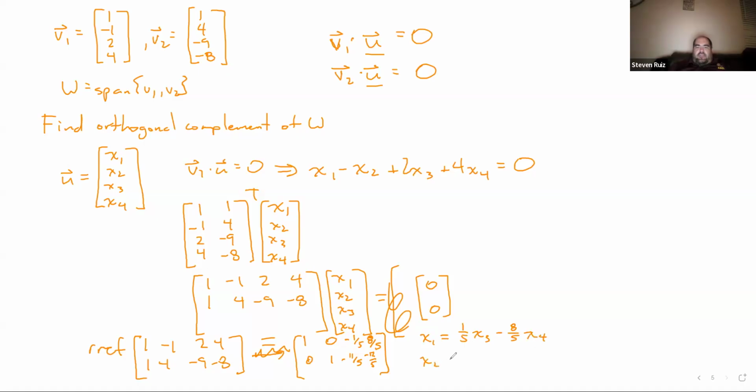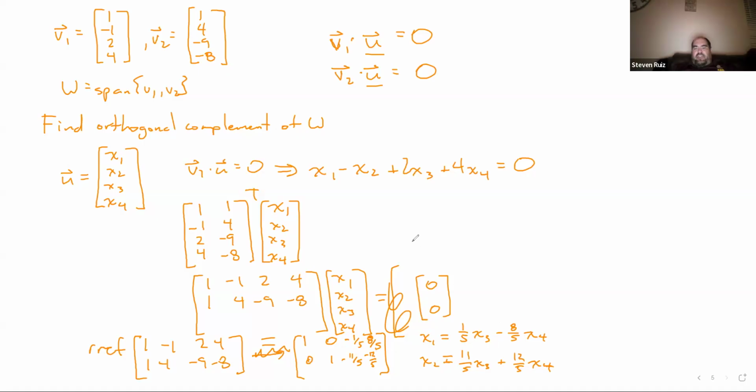And then I get x2 equals 11/5 of x3 plus 12/5 of x4. So that is enough for me to build the basis for a null space. Which when I have that, that's the orthogonal complement.